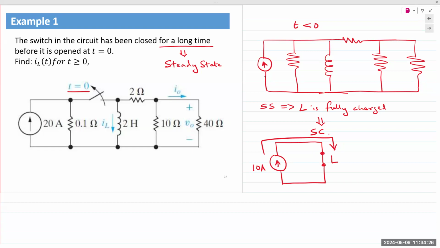Nothing will go to the rest of the components. As long as they are in parallel with a short circuit, they are effectively redundant and removed from the circuit. Yes, 20 amps, thank you. So the inductor current is 20 amps.